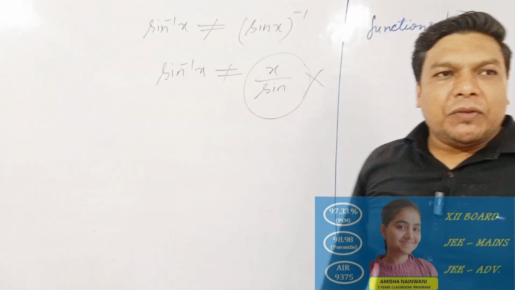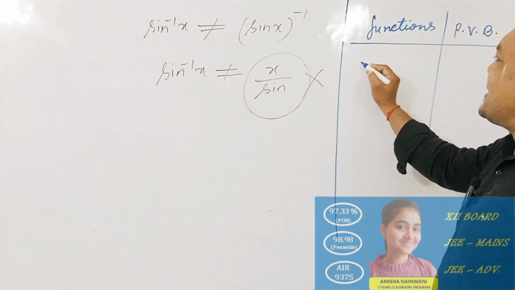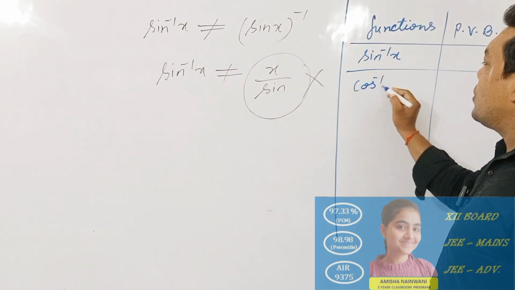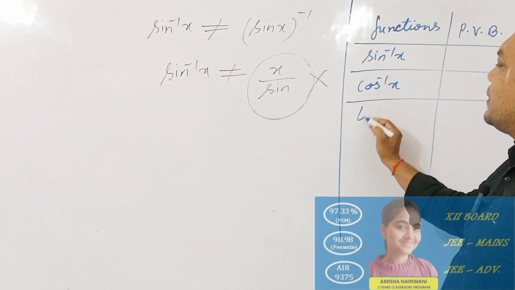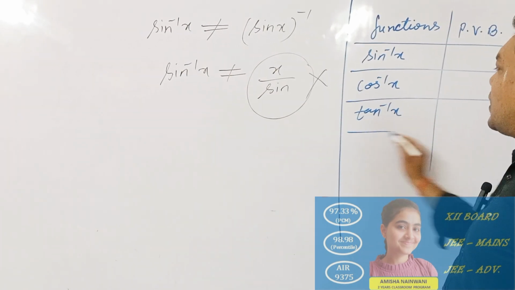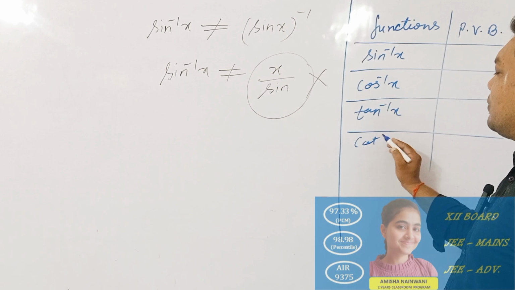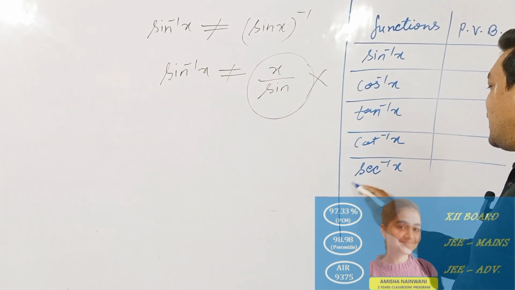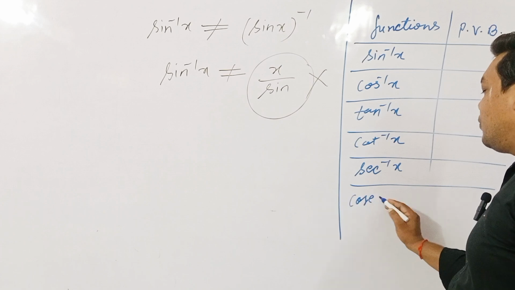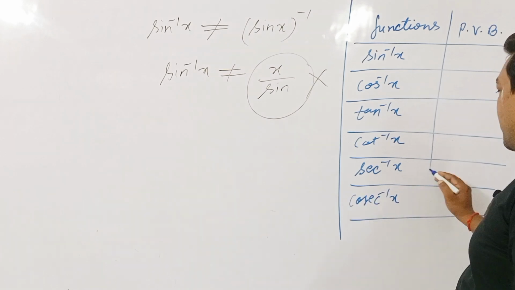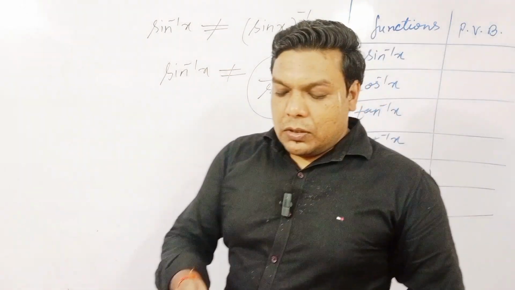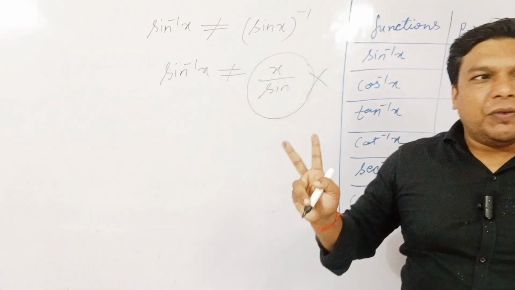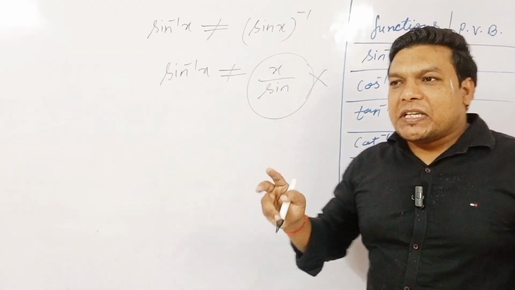What are the functions? We have sine inverse x, cos inverse x, tan inverse x, cot inverse x, then sec inverse x and cosec inverse x. For PVB, we need to remember only two PVBs, sine inverse x and cos inverse x.